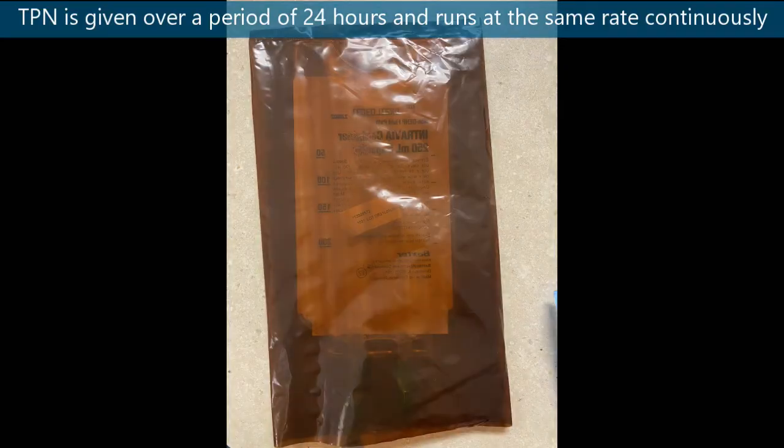Number 3, how is TPN administered? We already said that TPN is given into the blood, and generally we run the total bag of nutrition over a period of 24 hours. So however much nutrition we want to give the baby in a day is divided by 24 hours, and that's the rate that we run it each hour.